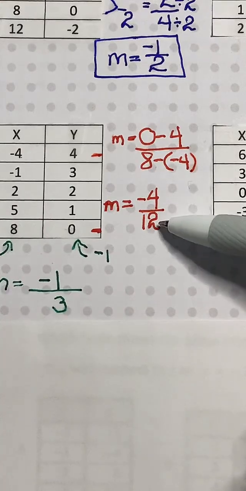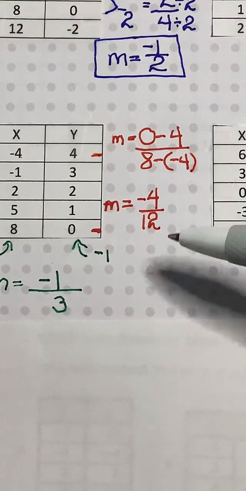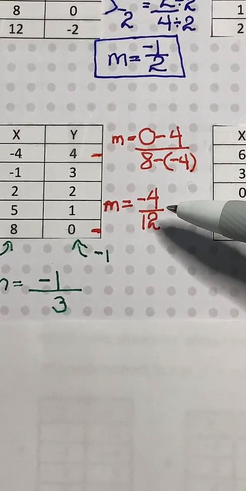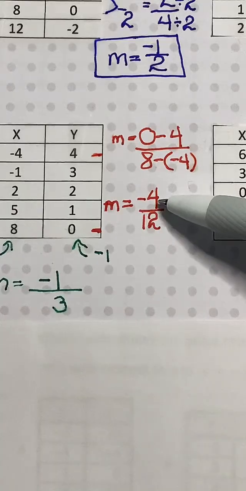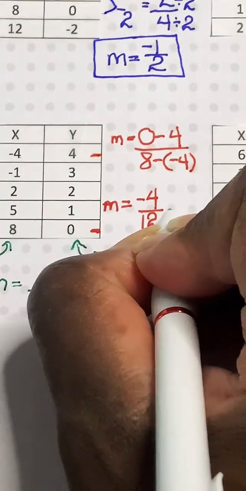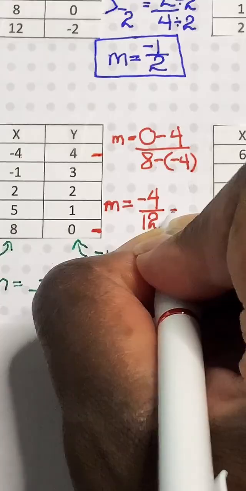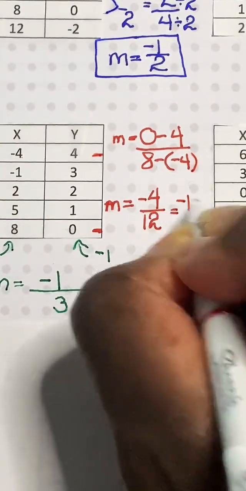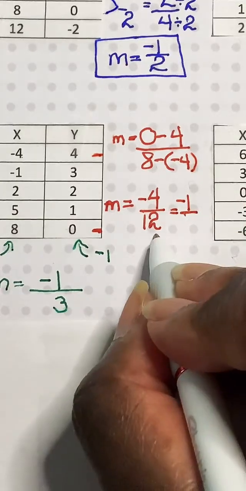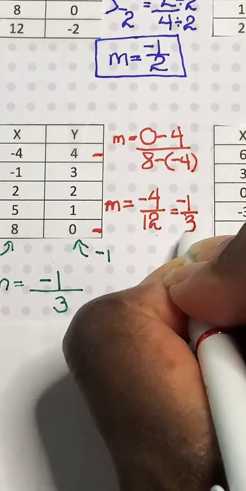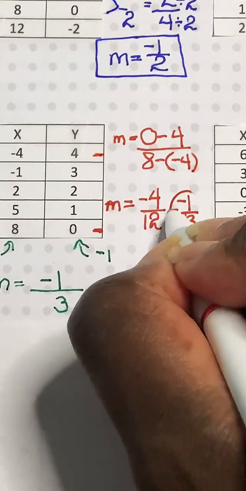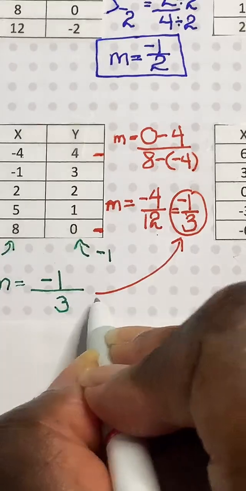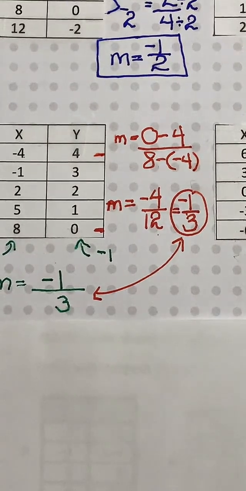The number that 4 and 12 both have in common, 2 will work, but 4 will be your greatest. Okay, 4 will work for both of them. So -4 divided by 4 will give me -1, and 12 divided by 4 will give me 3. So you still get the same -1/3.